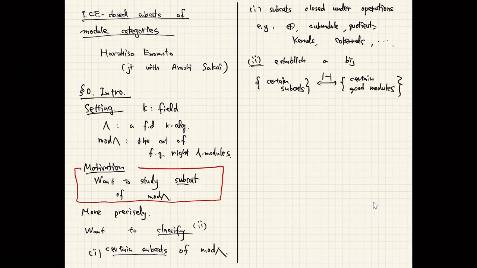Of course, considering modules is easier than considering subcategories. By establishing this kind of bijection, we can say that these subcategories are classified by certain good modules.